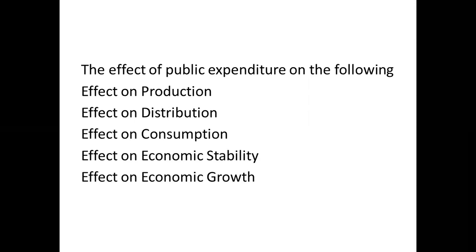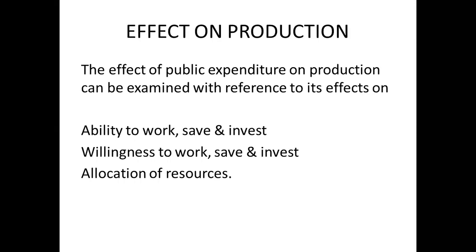In the video, we are going to find out how these sectors are affected by the usage of public expenditure. We are going to take up each one of them individually, starting with the first one, that is the effect of public expenditure on production.